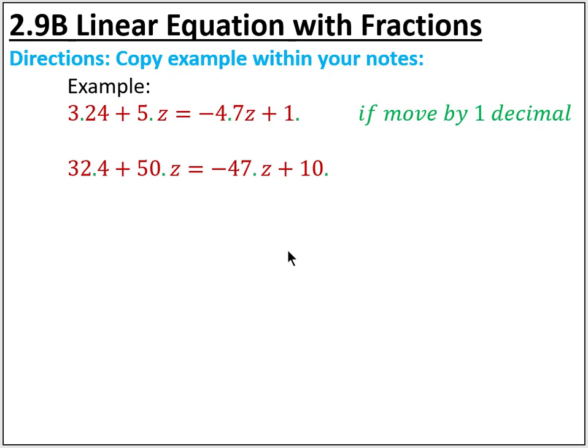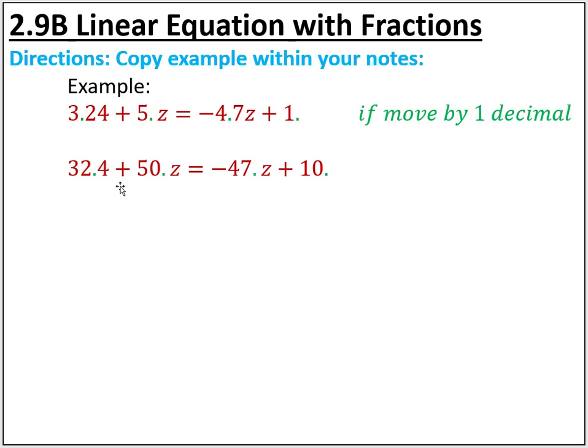Now the issue is we still have a decimal in the 32.4. It's not a whole number. The 50, the 47, and the 10 do have the decimal at the very end, but that's still okay because they're still technically whole numbers. But 32.4 still has the decimal in between. We want the decimal at the end of the 4.